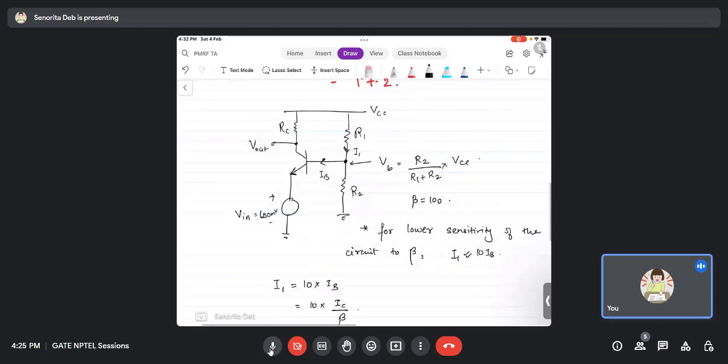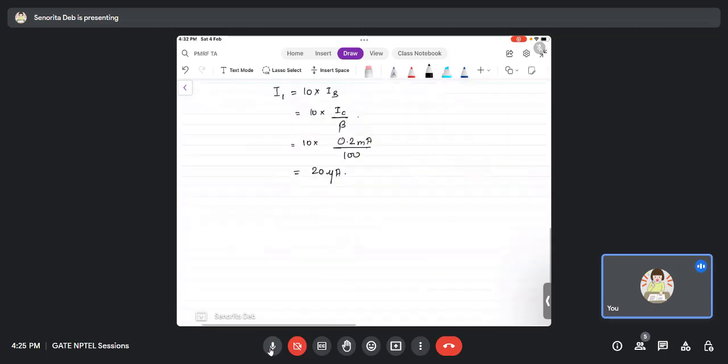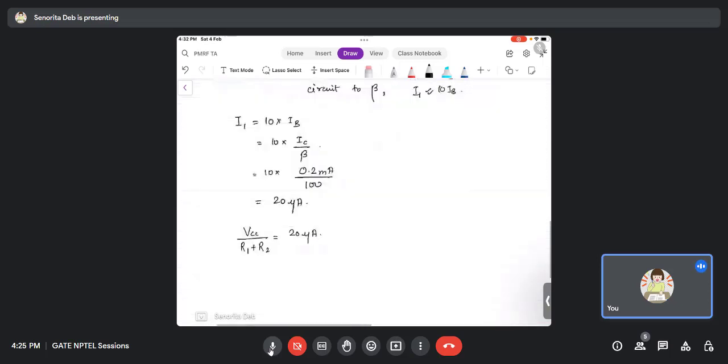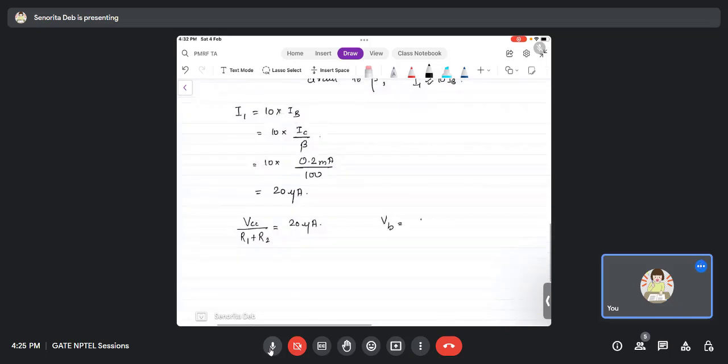I1 is nothing but VCC by R1 plus R2, considering IB is very small. So VCC by R1 plus R2 is 20 microampere. This is the first point. The next point is VB, which is R2 by R1 plus R2 into VCC. So can you now solve it?